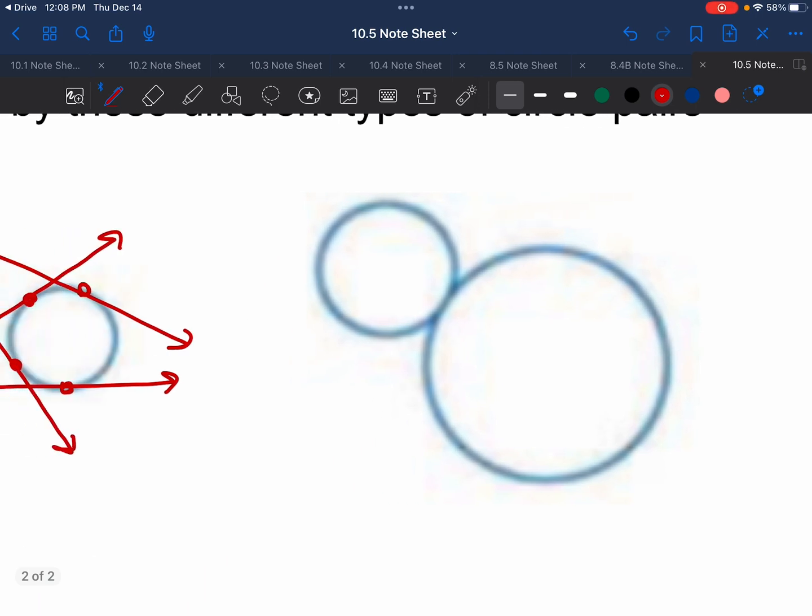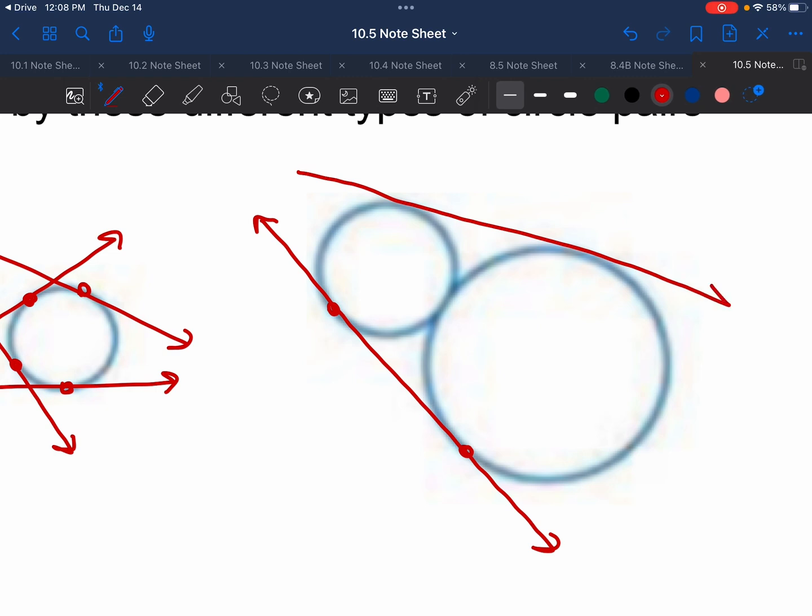Next one. I can see again we have the tangents below the circles and the tangents above the circles. And then since the circles themselves are tangent to each other, they intersect at one point, then you can draw a line through that single point that is also tangent to both circles.